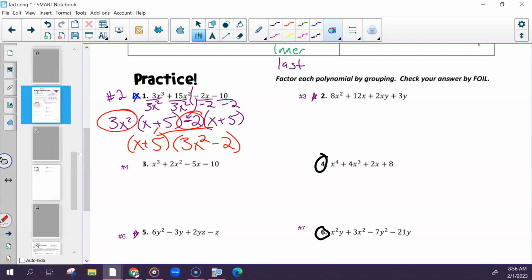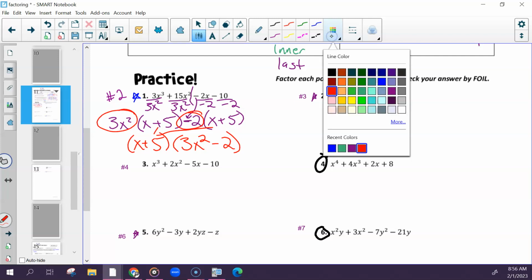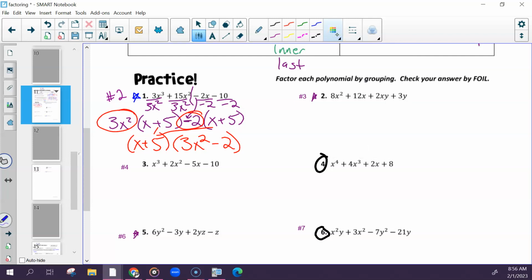Again, if you wanted to distribute it out, you could. Really quickly, I'm going to do that, but I'm not going to do it for every single one. Right, so x times 3x squared would be 3x to the third. X times negative 2 is negative 2x. 5 times 3x squared is 15x squared.